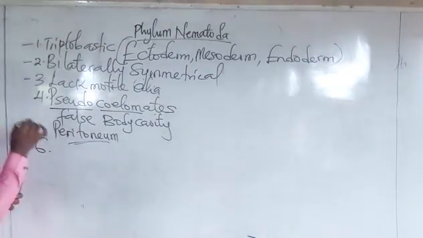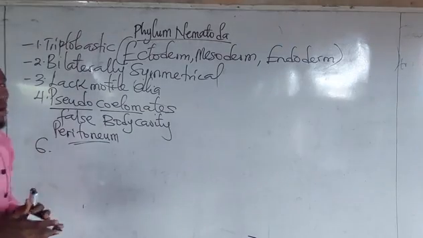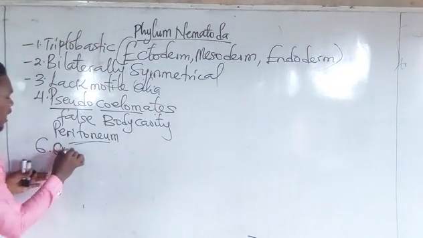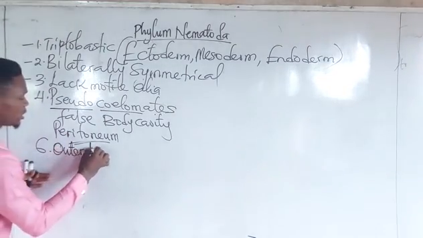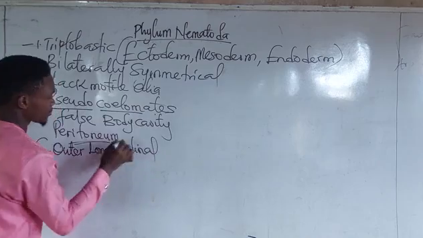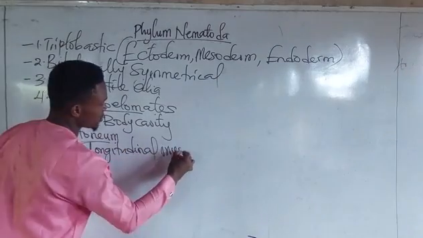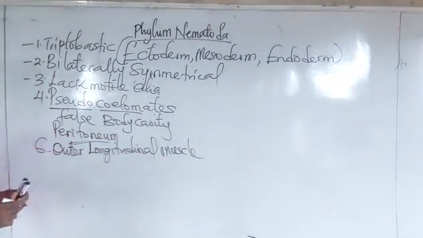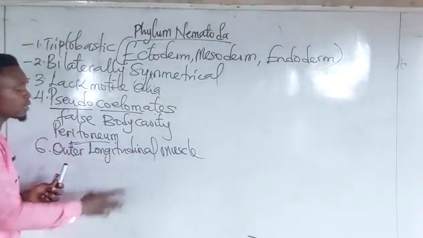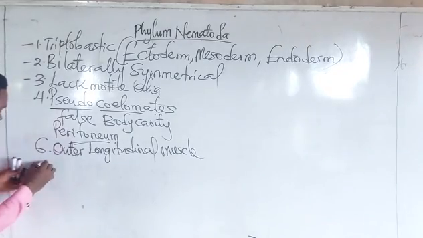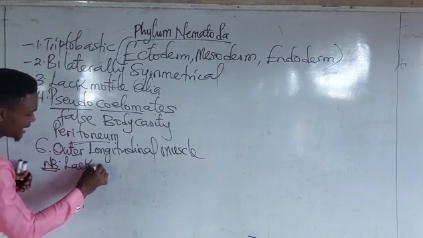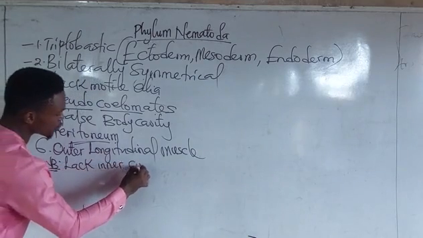Now, number 5 characteristic of these organisms is that they have an outer longitudinal muscle. Please take note of that. These organisms have an outer longitudinal muscle. Note, they lack inner circular muscle.